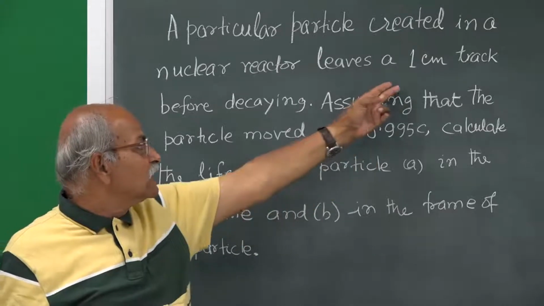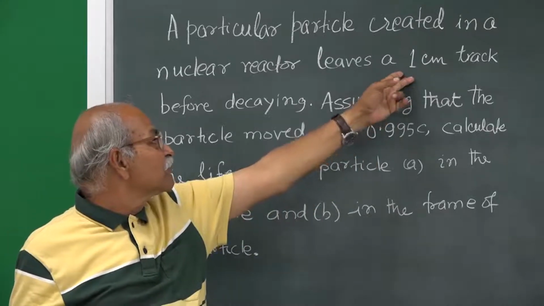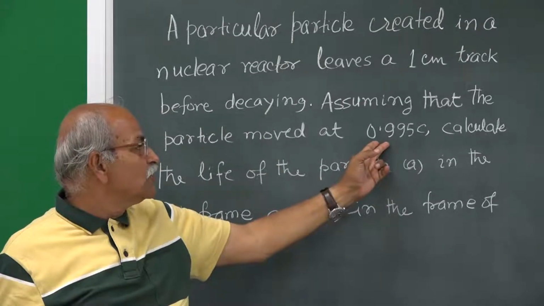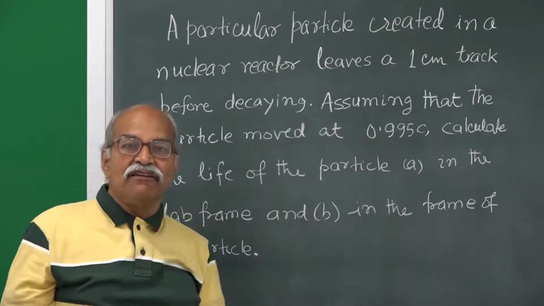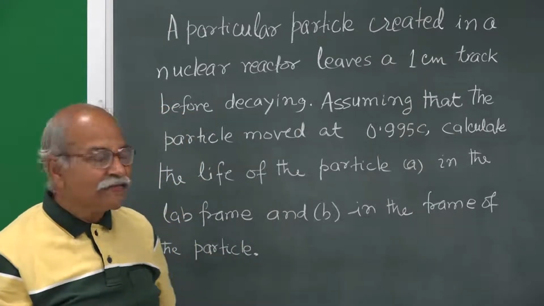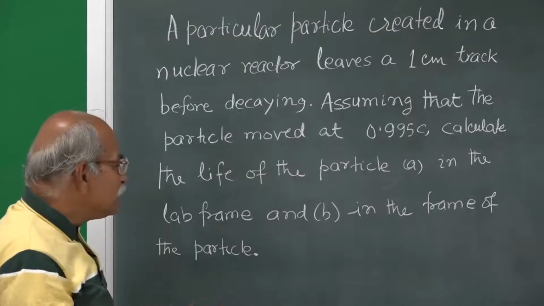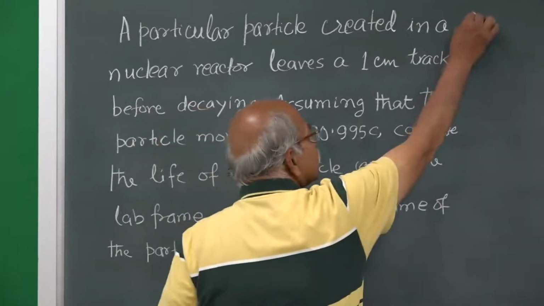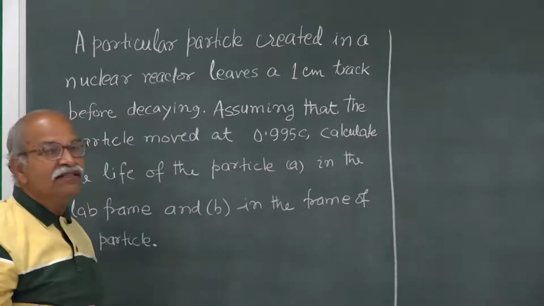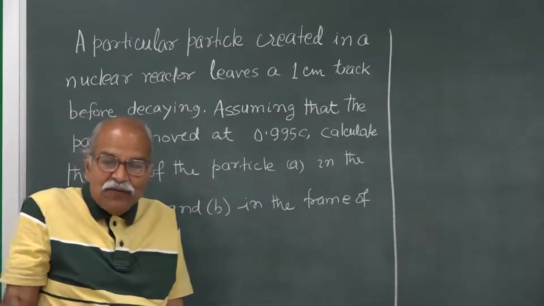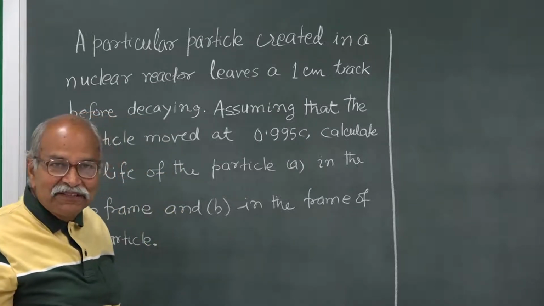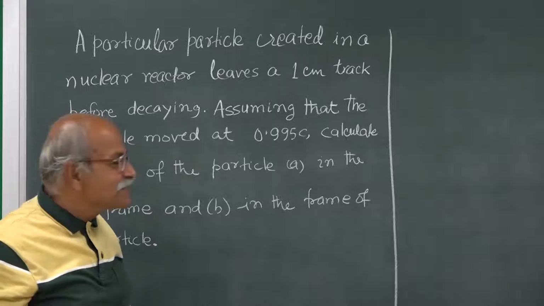So, the length of the track is 1 centimeter, the speed is 0.995 C. So, you can calculate the life from particle created to particle decayed. In the lab frame things are simple, no relativity needed. If I am in one frame only, then things are just your class 9, 10th, 8th arithmetic and physics.